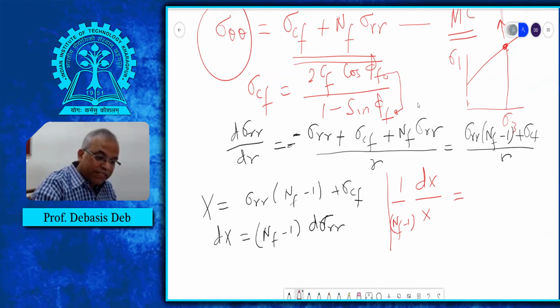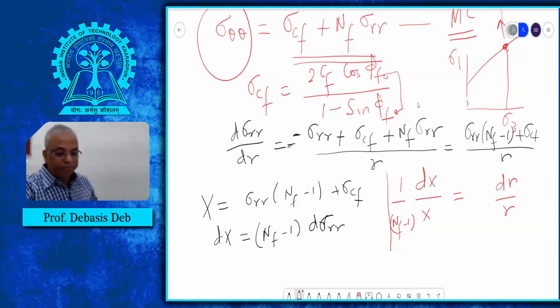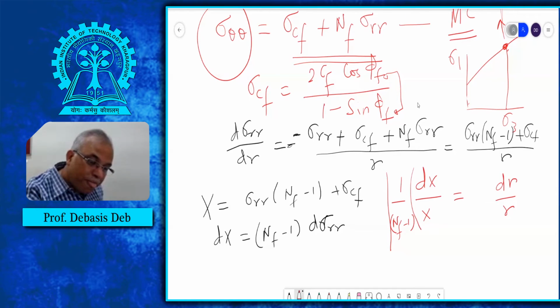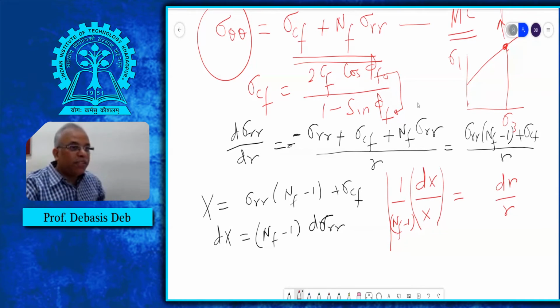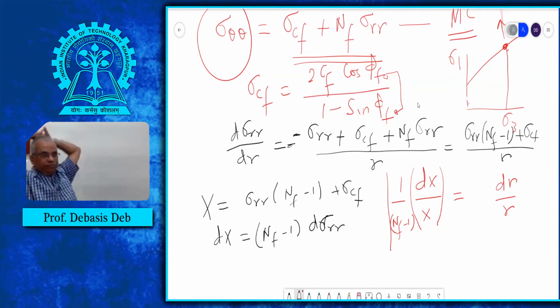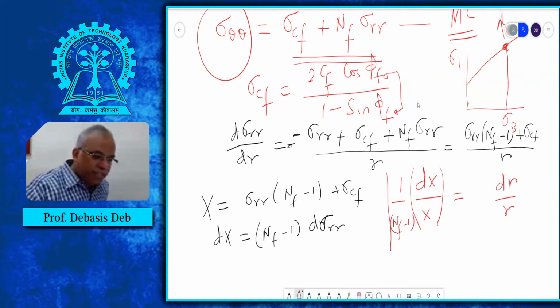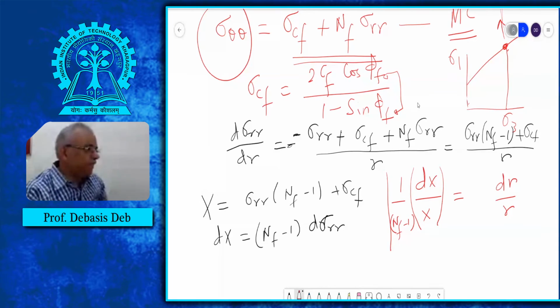If I am wrong, please correct me. This equation becomes this. Is it correct? d sigma RR we are replacing by dx divided by this.